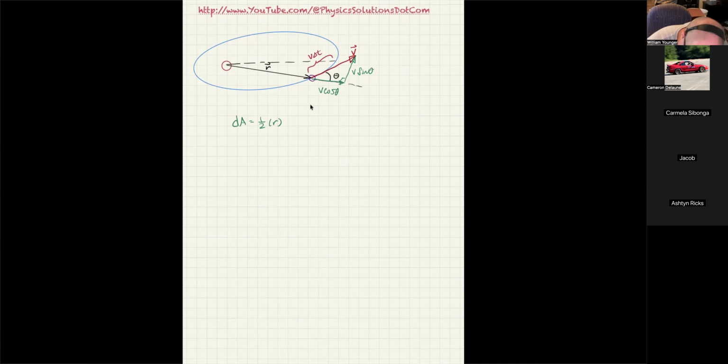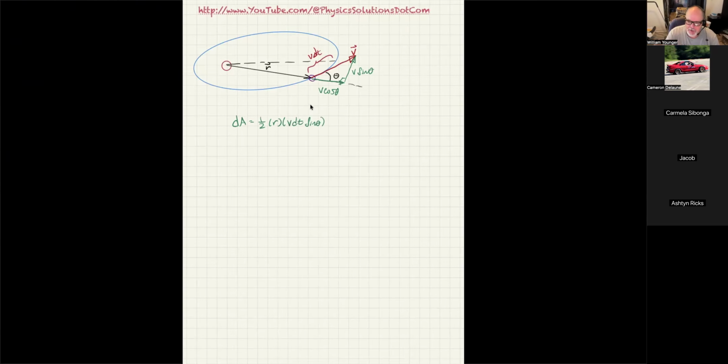Actually, let me call that dt instead of delta t. So the component of the velocity perpendicular to the r, which makes a right triangle, is v dt, and then you multiply that times the sine of theta, like that. So that would be the actual area swept out in a small amount of time dt.